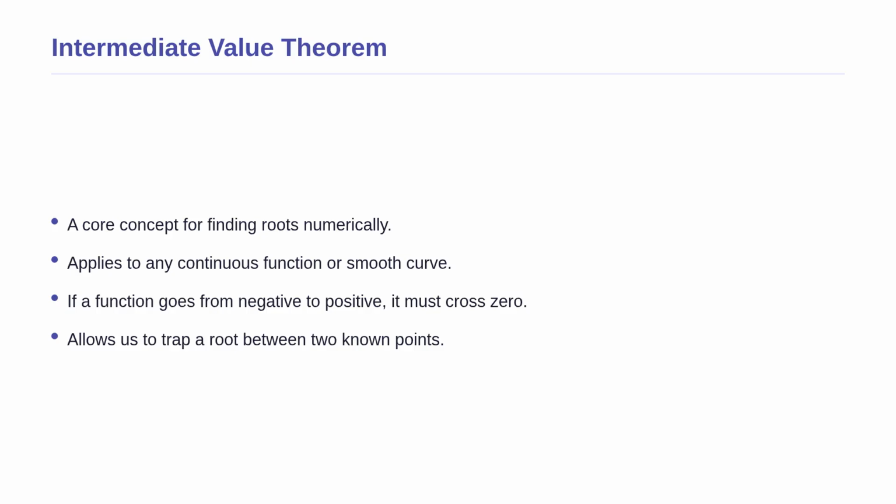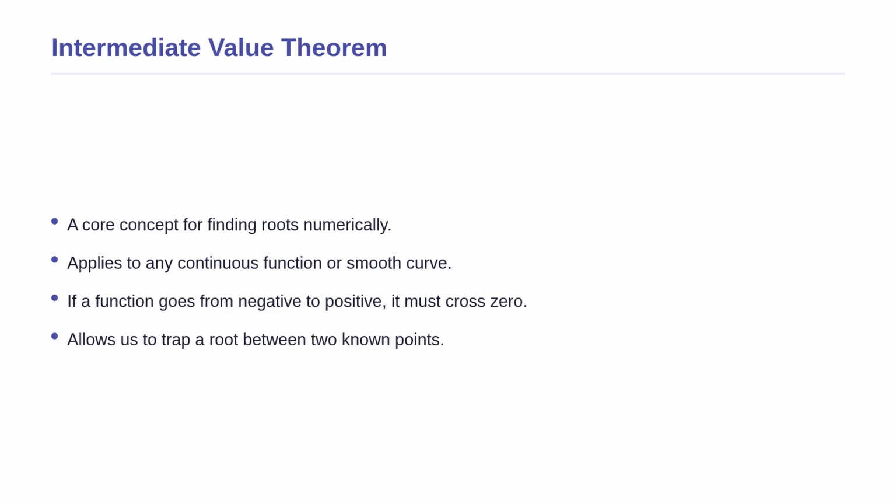So, how do we actually find roots for either type of equation? We rely heavily on a concept called the intermediate value theorem. This theorem is the beating heart of numerical root finding. It states that if a continuous function outputs a negative value at one point and a positive value at another point, it must cross zero somewhere in between.